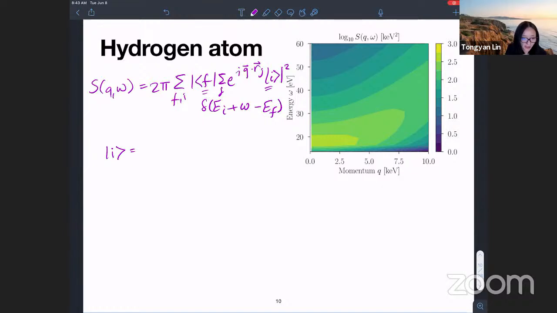So the initial state will just be the ground state of hydrogen, proportional to e to the minus r over the Bohr radius. And in this example, I'm just going to take the outgoing states to be free outgoing electron states. So k prime is the outgoing wave, that is, the momentum of the outgoing wave.